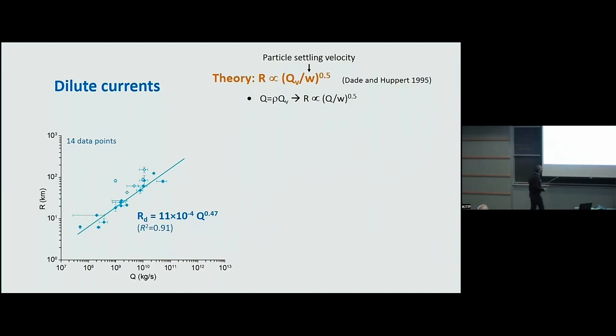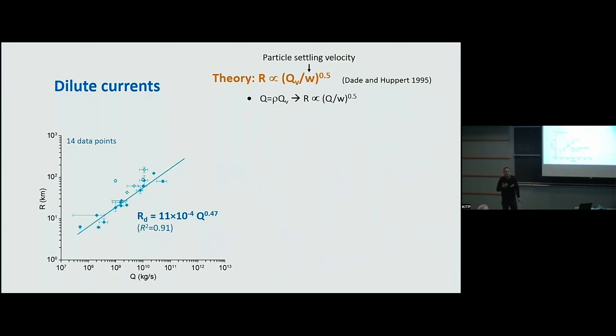In our case, we consider the mass flow rate, but we assume a constant solid density to convert the volume flow rate to the mass flow rate. So in principle, the runout should scale equally with the ratio of the mass flow rate divided by the settling velocity, to the power 1/2. What we did here was estimate settling velocities for each case, considering typical grain sizes.